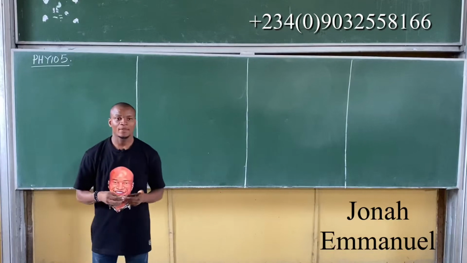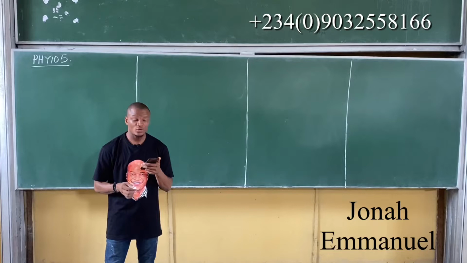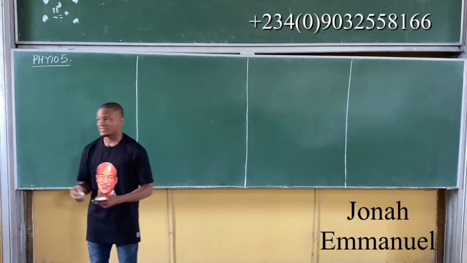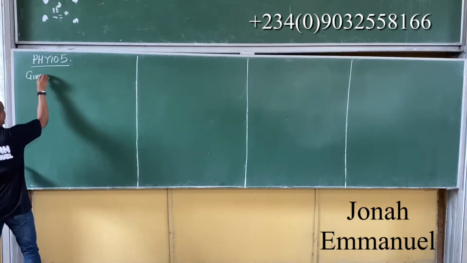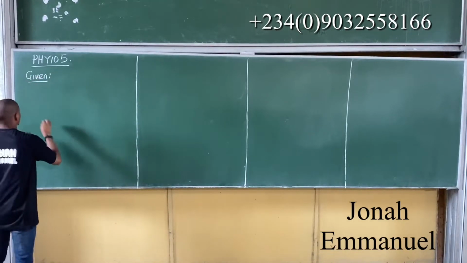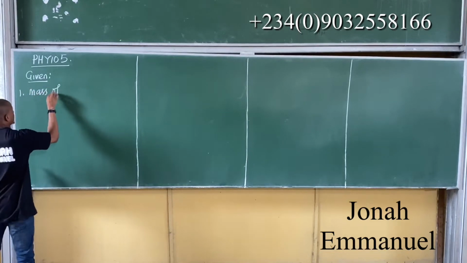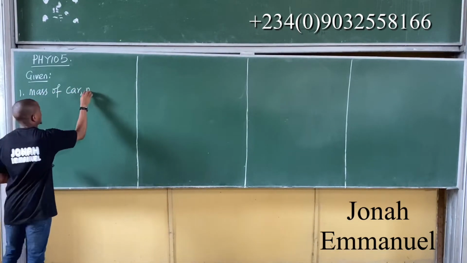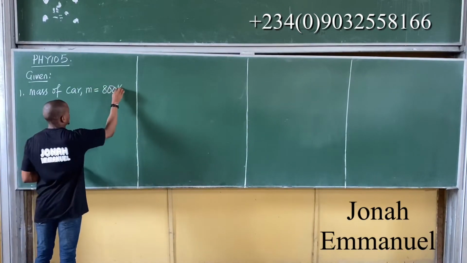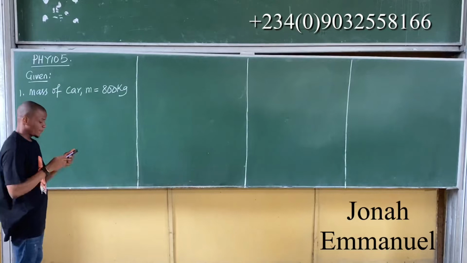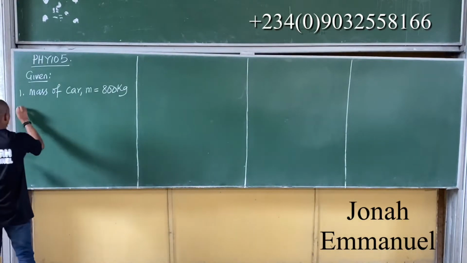So let's now solve the problem. My first task will be to list out my parameters. What am I given? Number one, the mass of the car, M, which is equal to 800 kilograms from the question. Also, they said it has a speed.